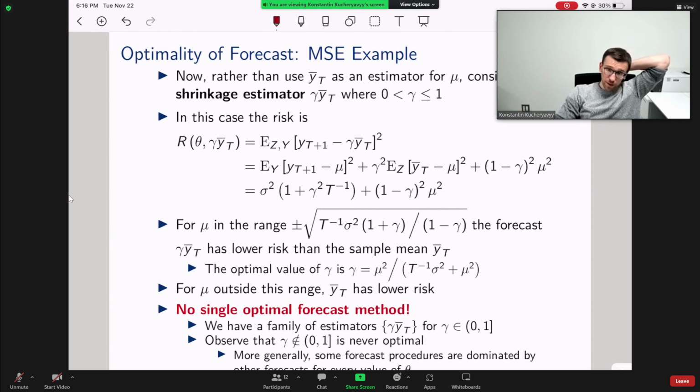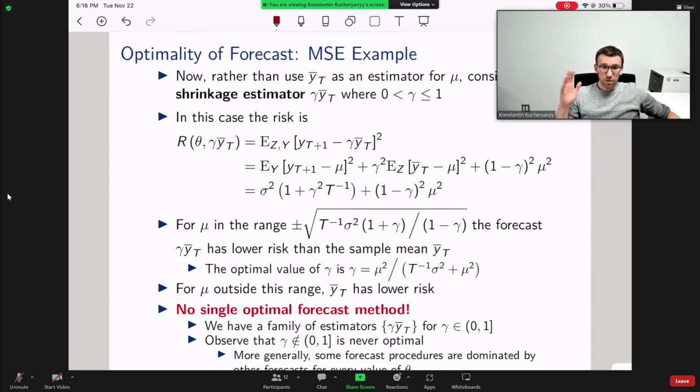And there is another lesson learned here, is that depending on the value of mu, which we don't know, there might be different optimal estimators for our mean, and then different risks and different forecasts.